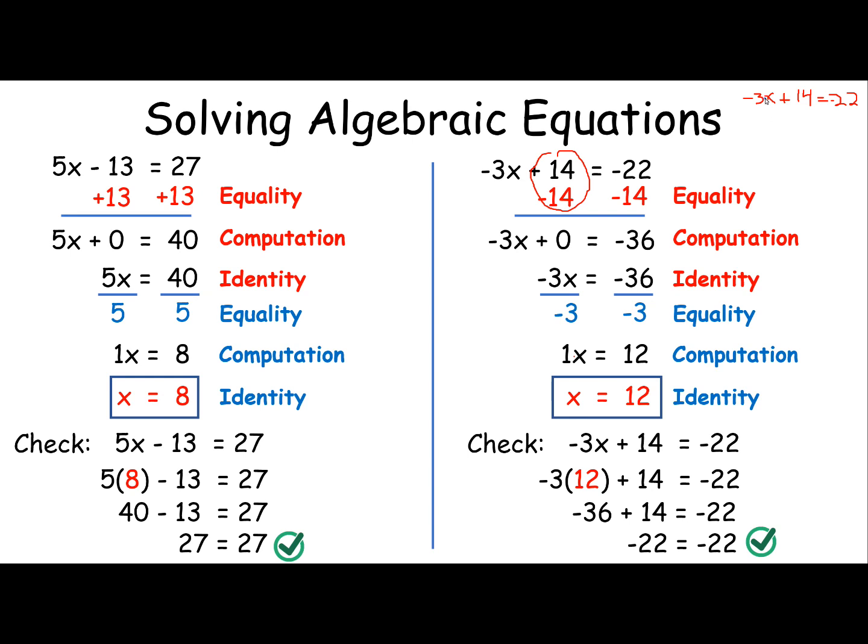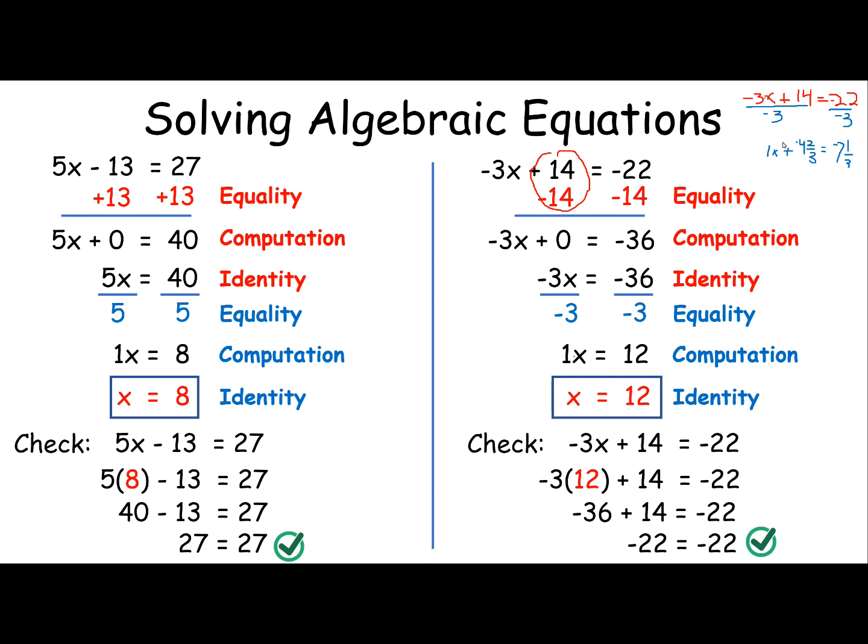The problem with getting rid of the times -3 first is if I'm going to divide both sides by -3, you're right, this does become 1x, but I also have to do 14 divided by -3, which is -4 2/3 equals, this is -7 1/3. So by dividing by the -3 first, I ended up creating fractions that are harder to work with.